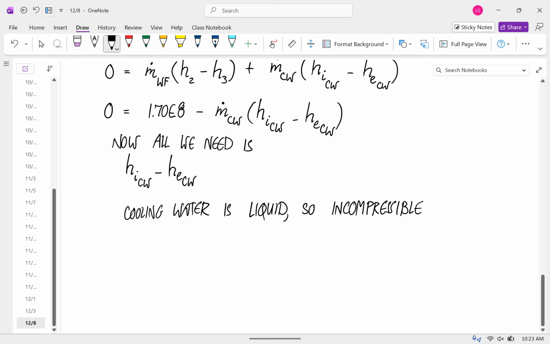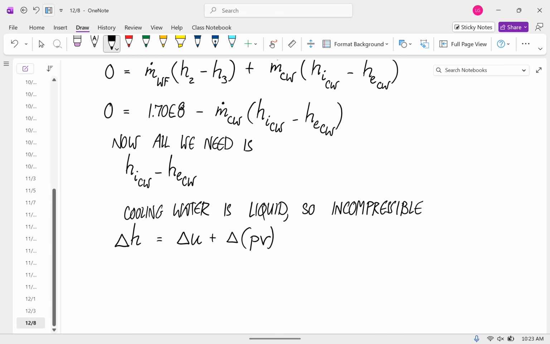And if you think about a change in specific enthalpy, think about the definition, that's equal to the change in specific internal energy plus the change in pressure times volume. And so the change in v is equal to zero.